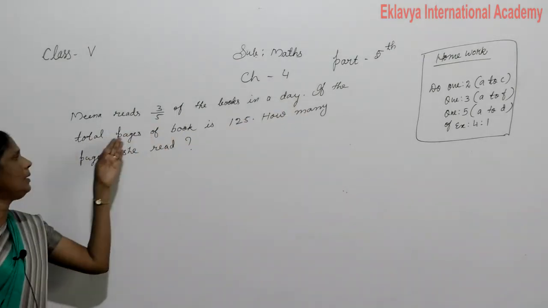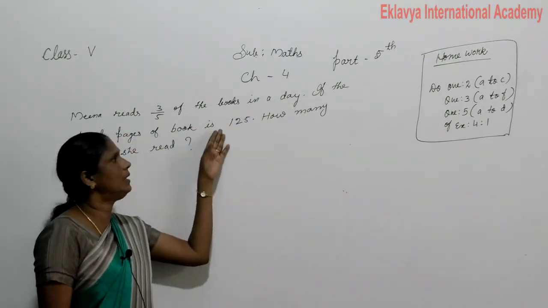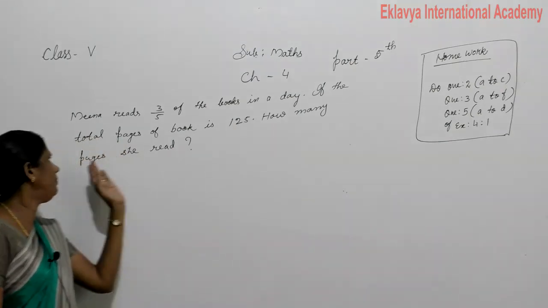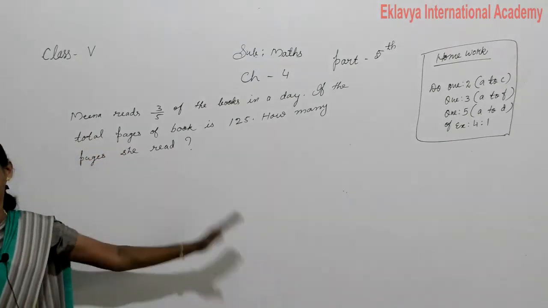If the total pages of the book is 125, how many pages did she read? Okay. Meena reads 3 by 5 of the book in a day. If the total pages of the book is 125, how many pages did she read?